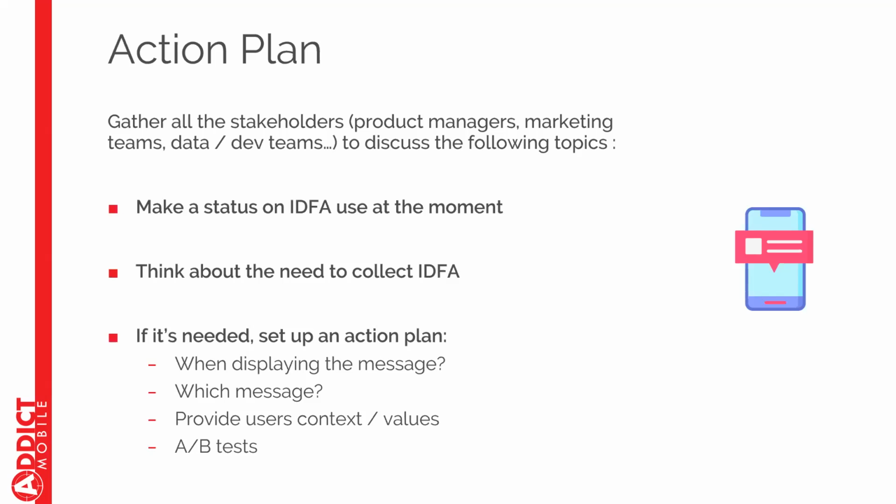And finally, if you need to collect it, which is most cases, I guess, set up your action plan. So when should I display the message? When in the user experience? Which message? What brings value? Provide context and value, as I was mentioning, and do A/B tests according to different audiences, obviously.